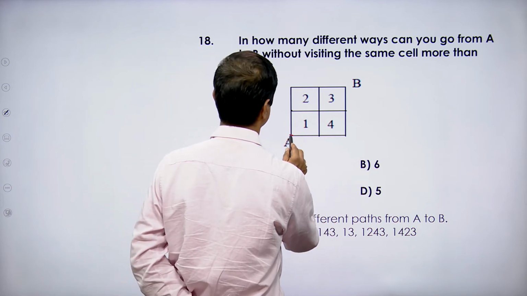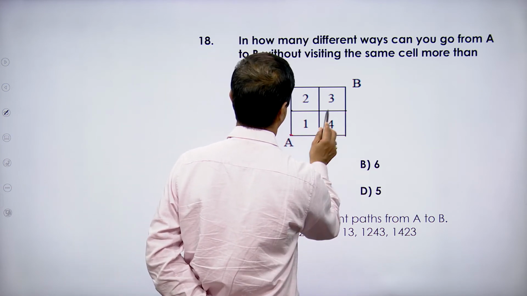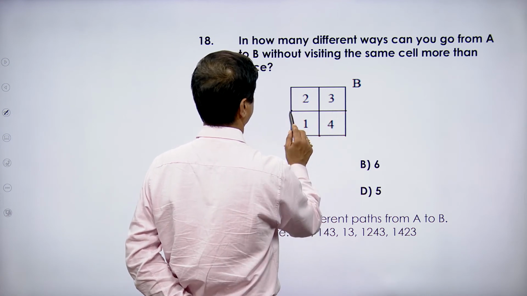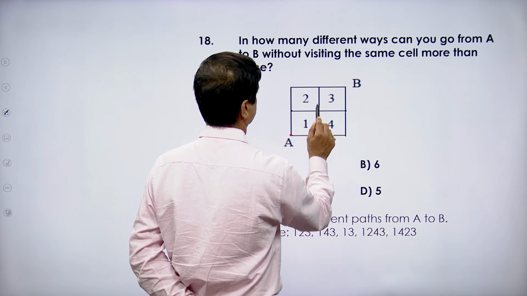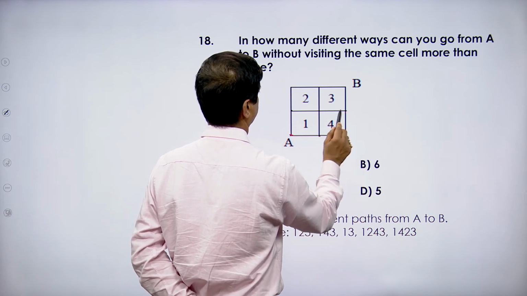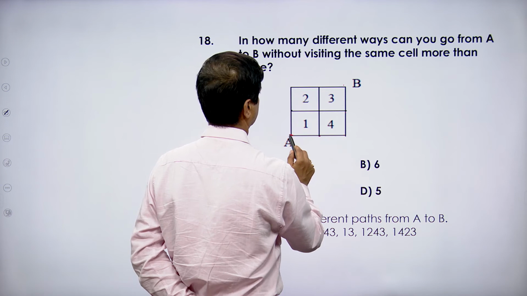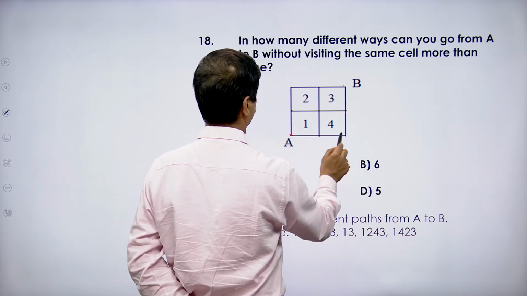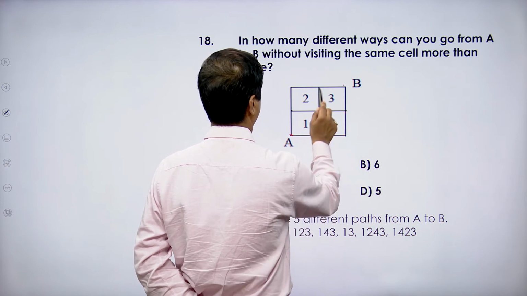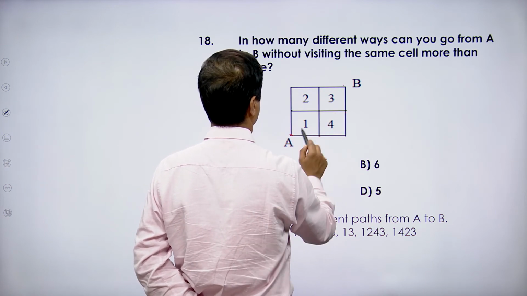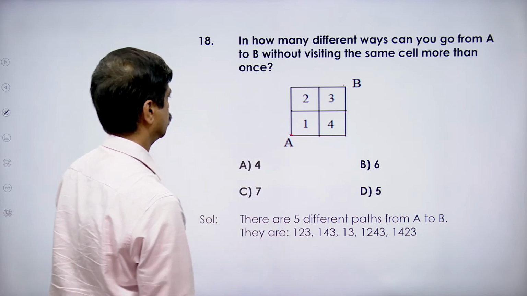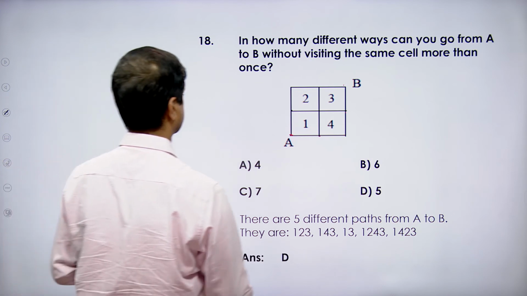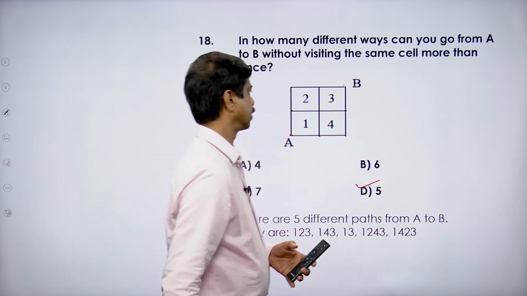Each of these vertices you should cross. Therefore the total number of ways that we can do is 5 different ways. So option is D. Right children?